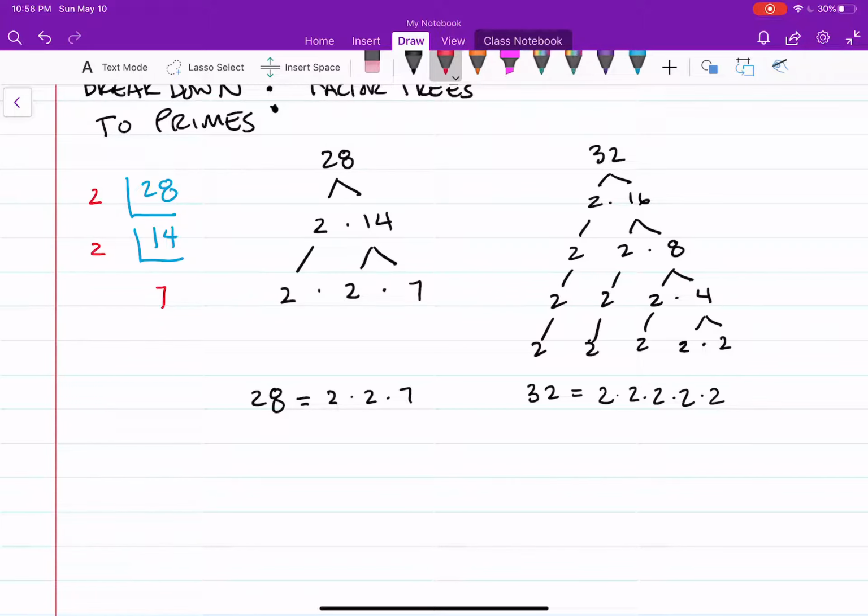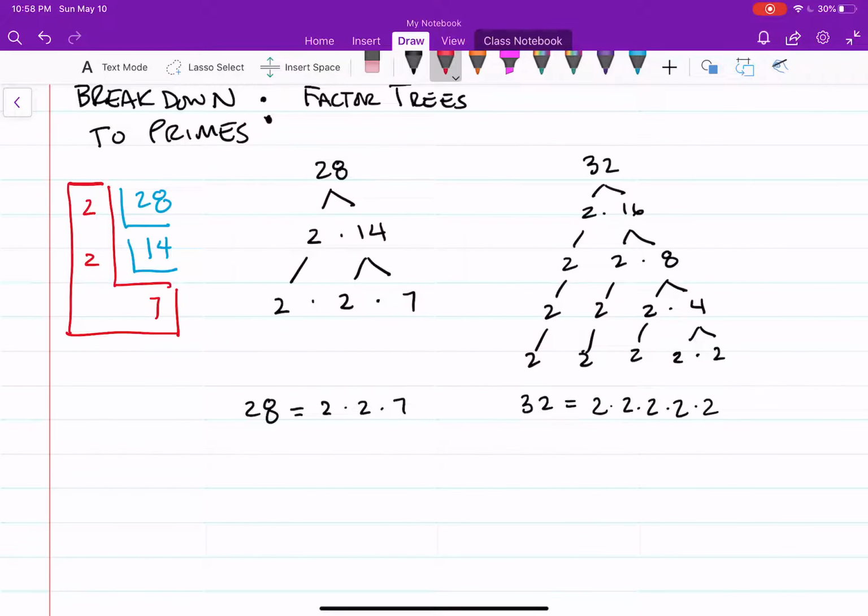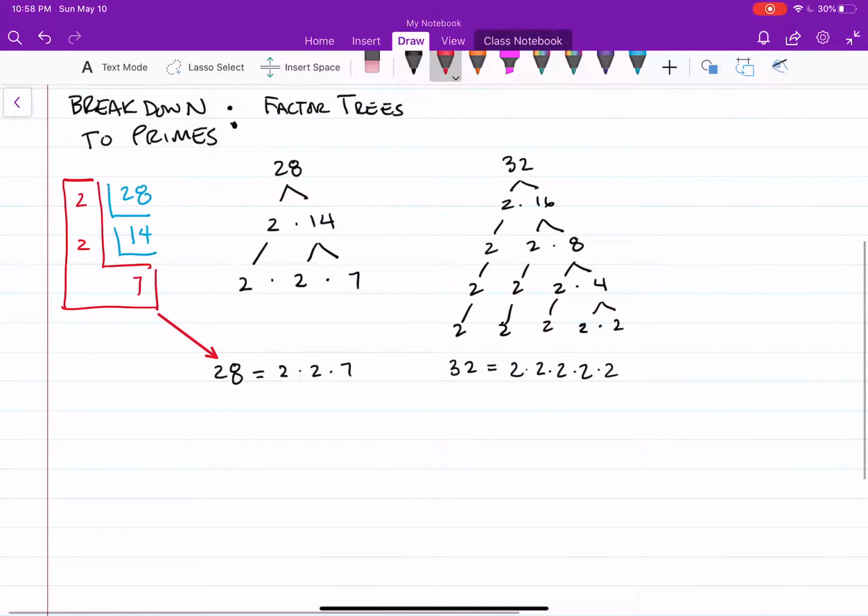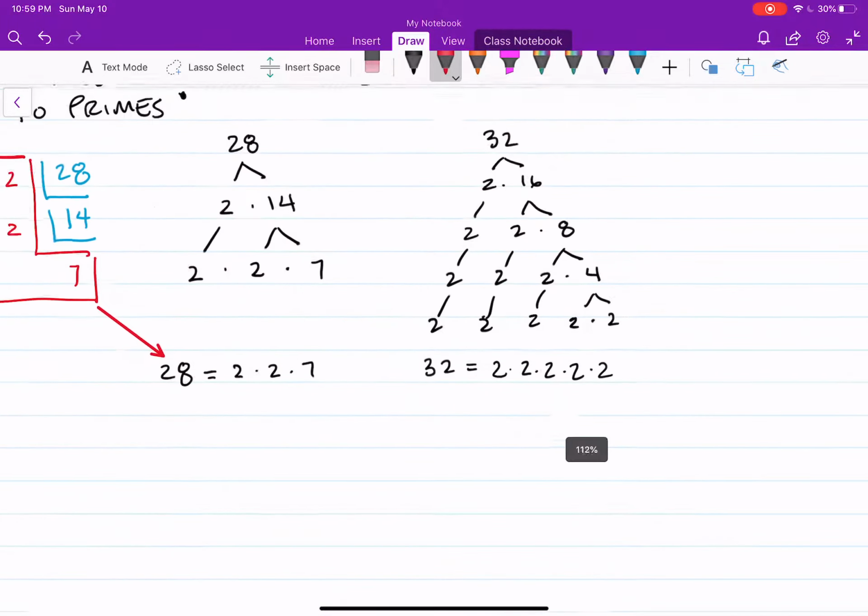With that being said, what I know is this little L right here, 2 times 2 times 7, would be also my primes of 28. So it still comes out to be the same, but the blue and red method right there will definitely take less space than a factor tree.